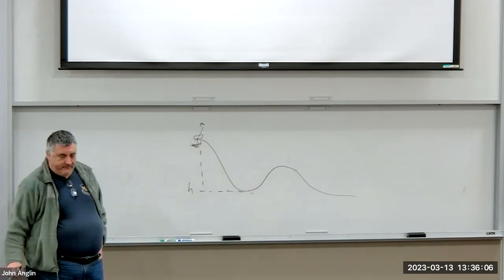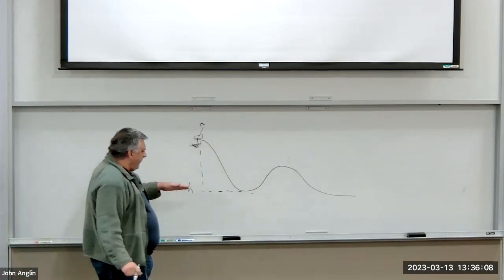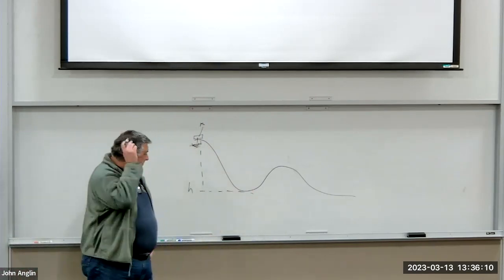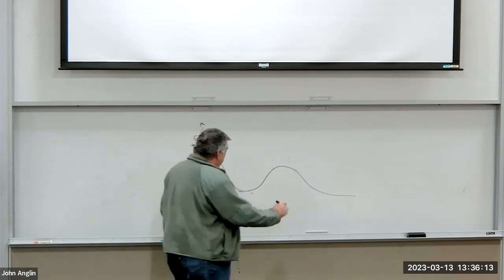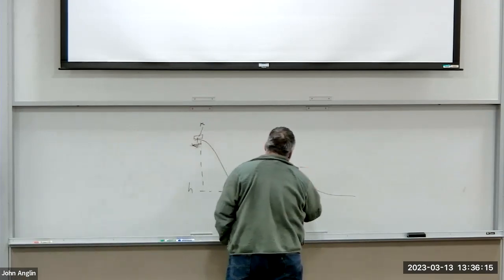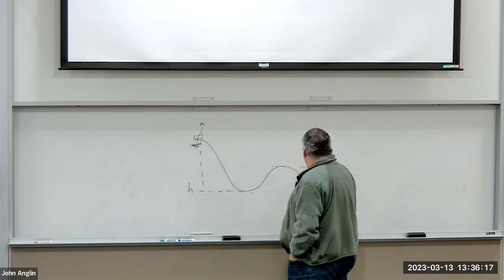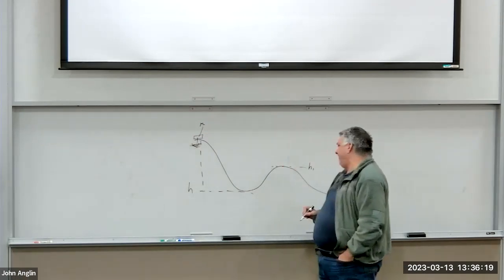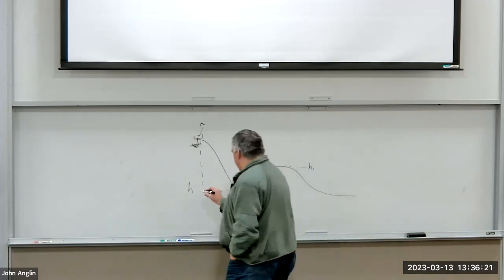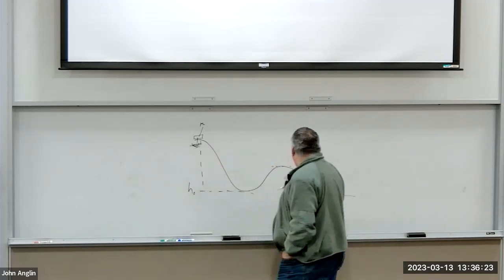We're going to measure from the top of the hill to the lowest point on the track, and that's going to be our h. And we're going to have some hump here in the middle. Actually, you know what? We'll call this h0. We'll call this h1.